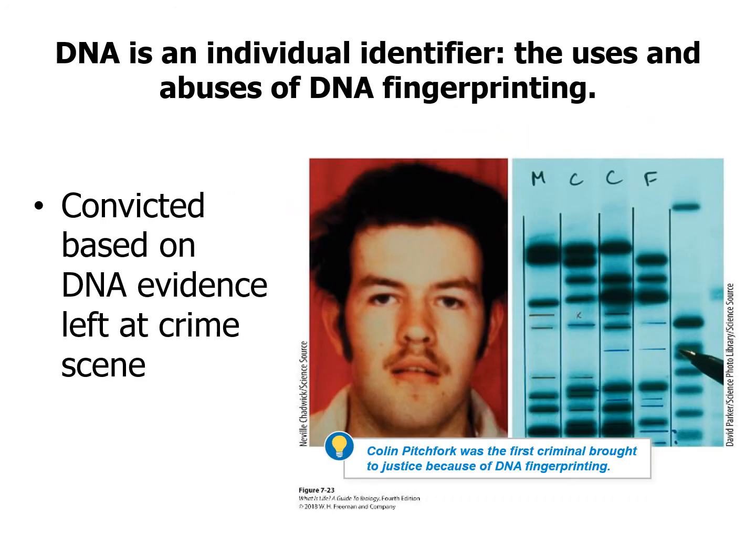So DNA is an individual identifier. The uses and abuses of DNA fingerprinting can be found with this example. There is this man, I don't want to call him a gentleman because he certainly isn't, named Colin Pitchfork, what a name, who was the first criminal brought to justice thanks to DNA fingerprinting.